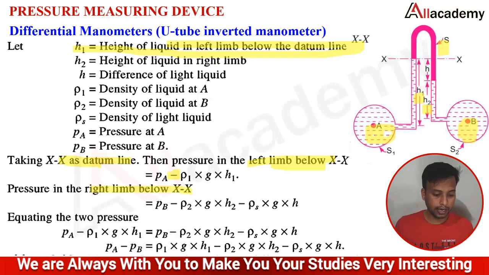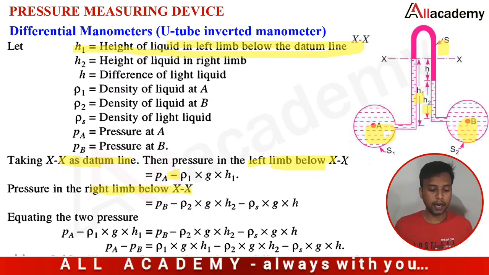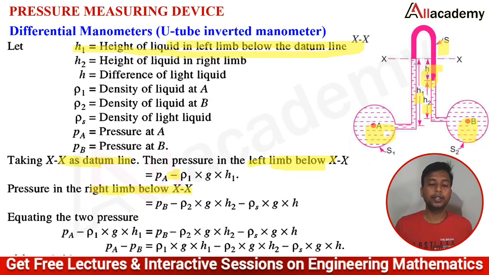Now similarly in the right limb, it is PB minus rho 2 g H2, and minus this thing we have to consider now, that is rho s, the light fluid, or rho g into g into H. So this is H. So on both sides we have taken negative now.